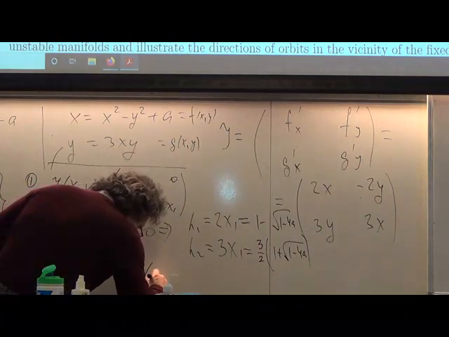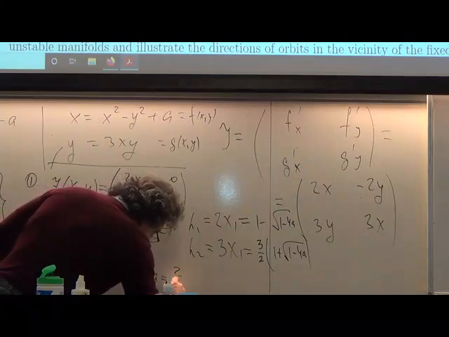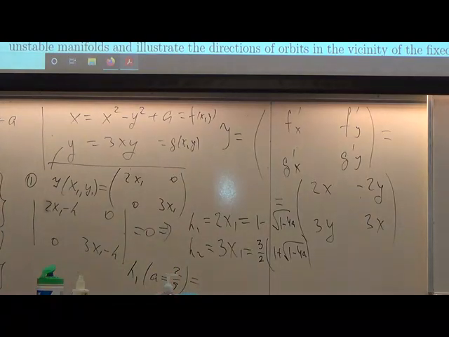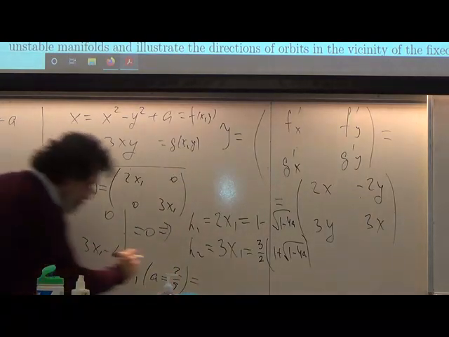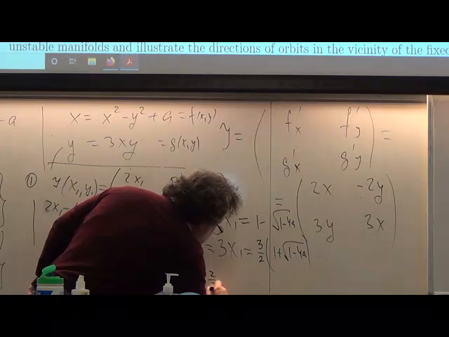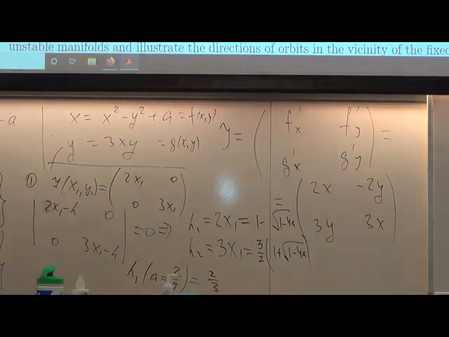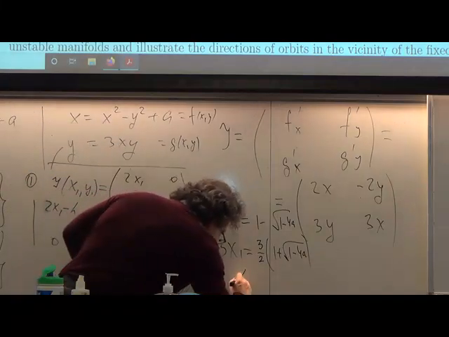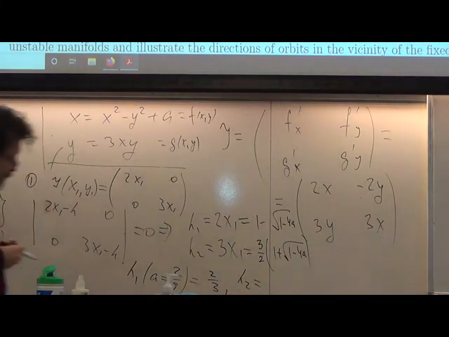Lambda 1, when a equals 2 over 9, equals what? 1 minus 1 third, 2 thirds, yeah? Am I right? Is it correct? Yeah? 2 over 3. Okay, and lambda 2 is 1 plus a third, it's 4 over 3.